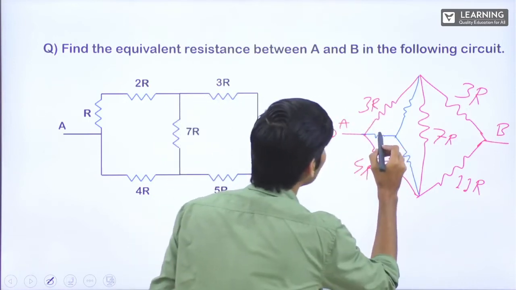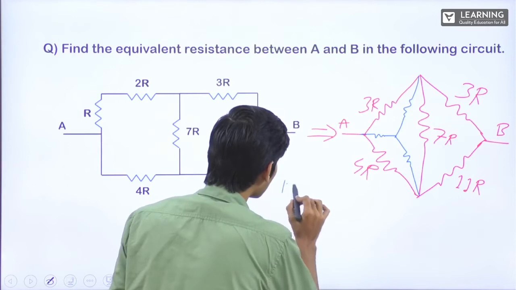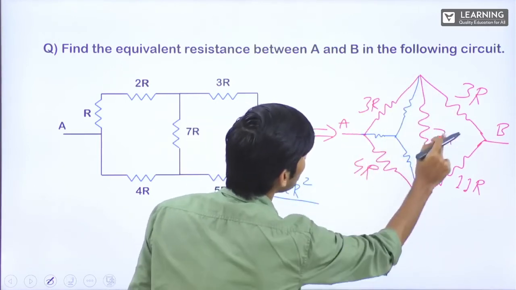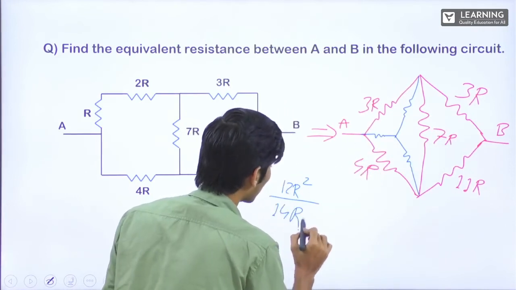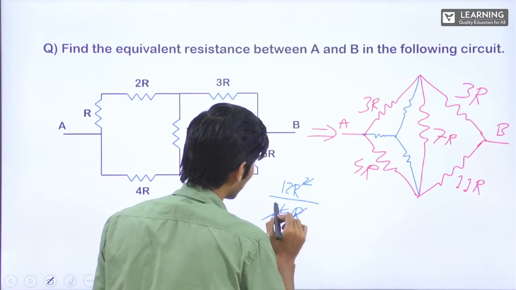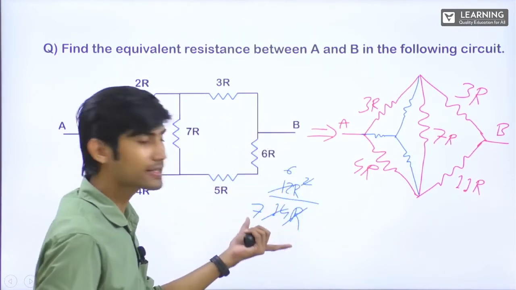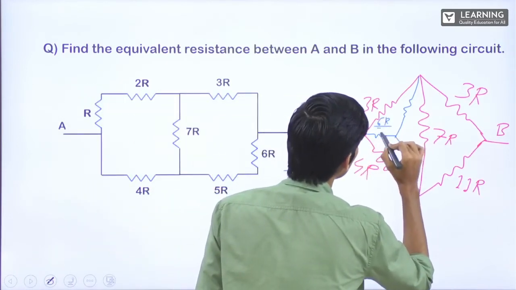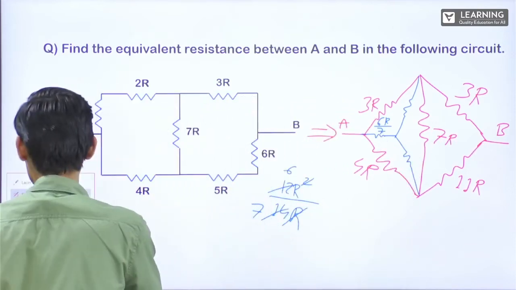Product of the neighboring means 3R into 4R, 12R square, divided by the sum of all, 7 plus 3, 10 plus 4, 14, 14R. R and R will be cancelled, 2 6s are 12, 2 7s are 14, 6R by 7, this will be 6R by 7 or 6 by 7R. Clear?